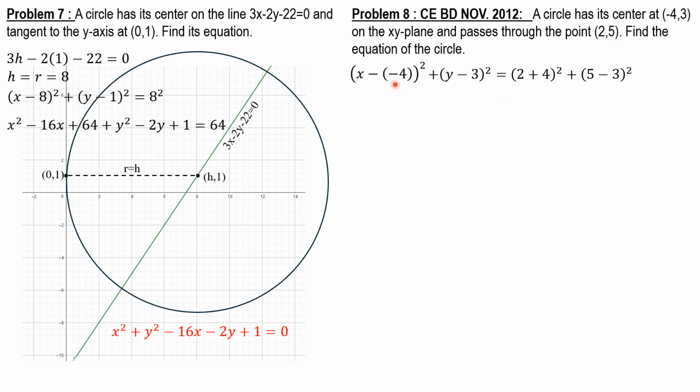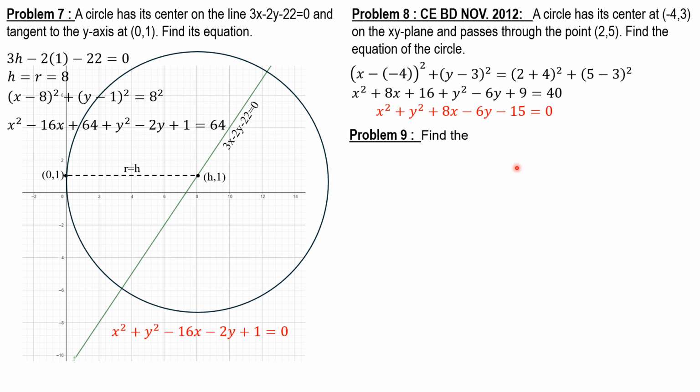So this is x squared plus 8x plus 16 plus y squared minus 6y plus 9 equals 6 squared, 36, plus 2 squared, 4. 36 plus 4 is 40. Simplifying, the equation of the circle is x squared plus y squared plus 8x minus 6y minus 15 equals 0. 16 plus 9 is 25, minus 40, so negative 15.